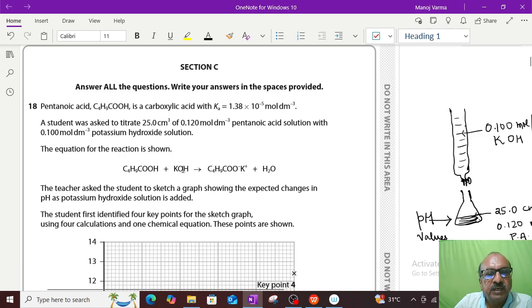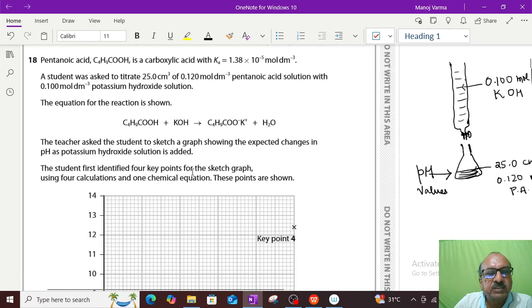The equation is this, and the teacher asked the student to sketch a graph showing the expected changes in the pH as potassium hydroxide solution is added. The student first identified 4 key points for the sketch graph using 4 calculations on 1 chemical equation.